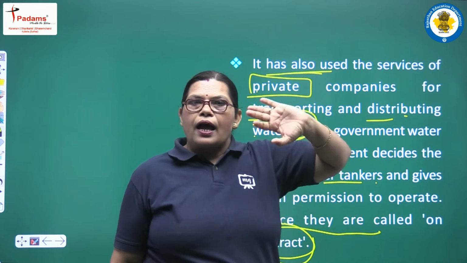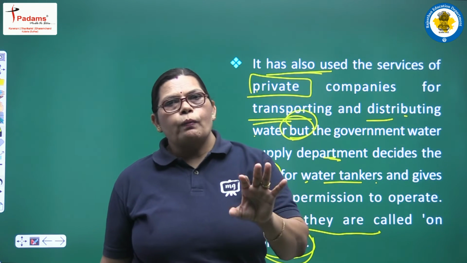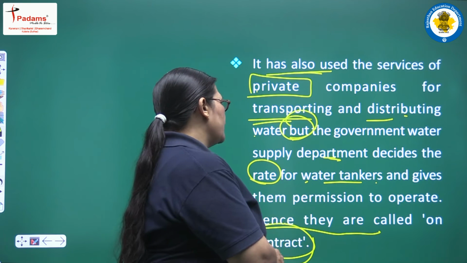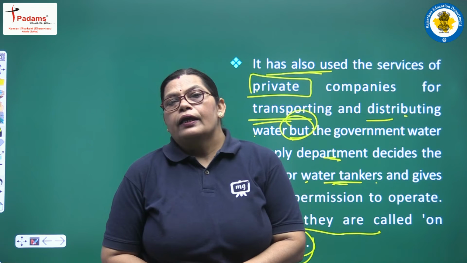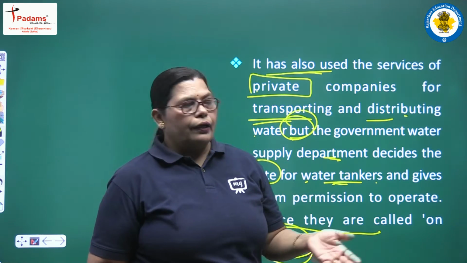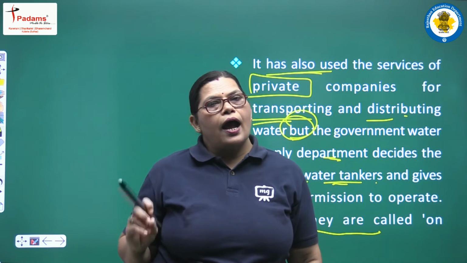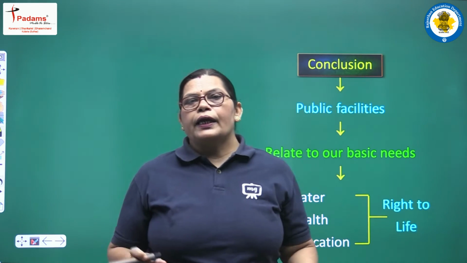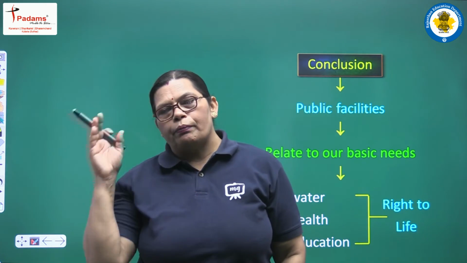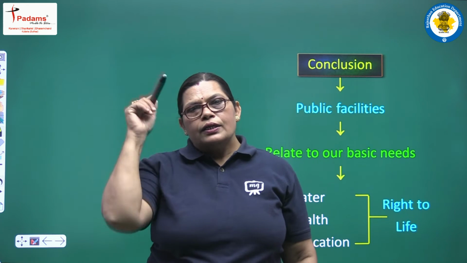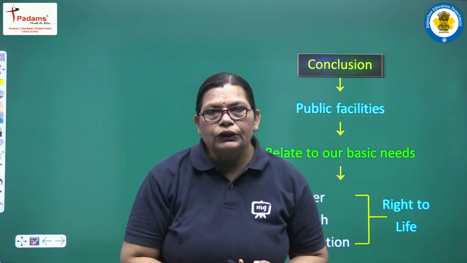Because the private sectors are raising the price of water tankers higher and higher, but the government stopped all their policies and fixed the rates of the water tankers, and only on that condition they give them permission to operate and supply water to the other people, and all these things are on contract. It means ठेके पे दिया जाता है, but all the norms are regulated by the government, not by the public or private sector. So this is the main situation we are considering here about the conditions of Chennai.